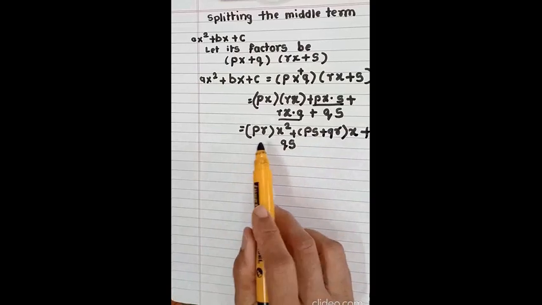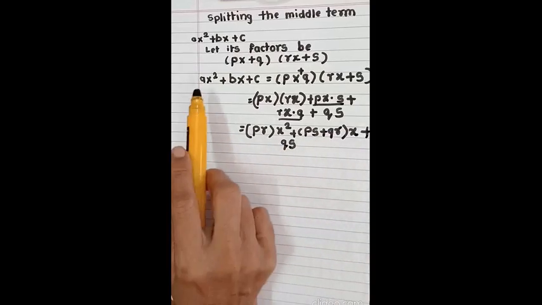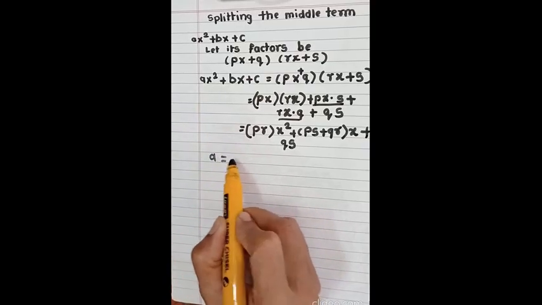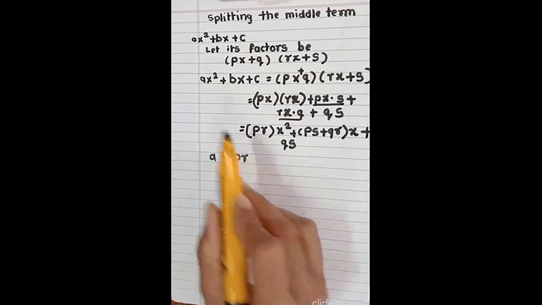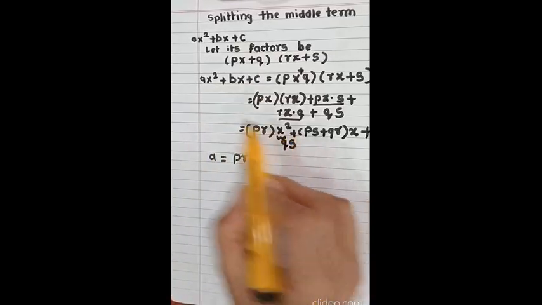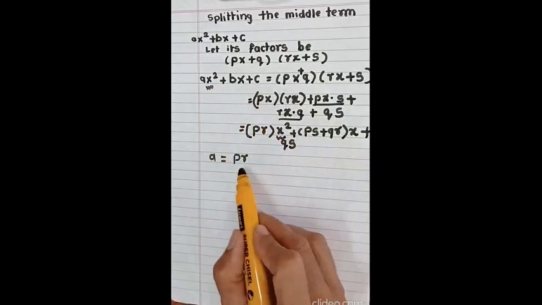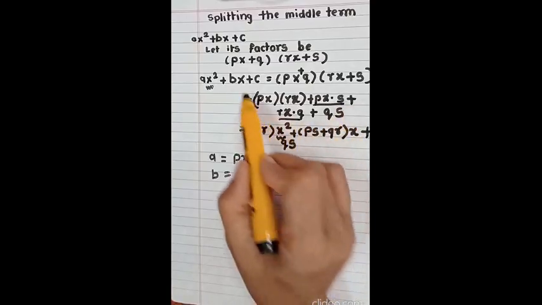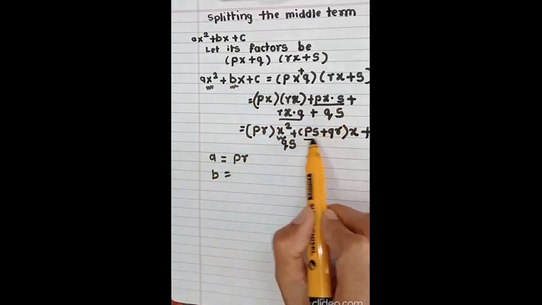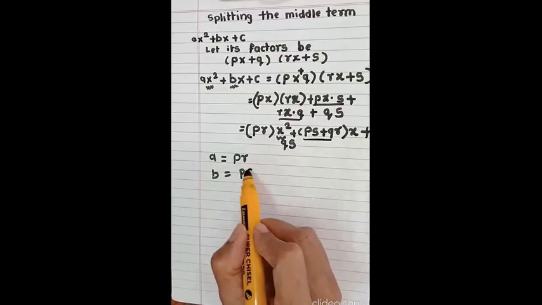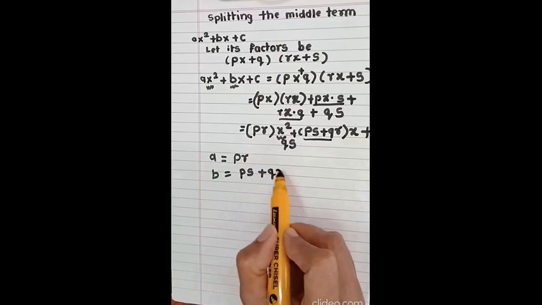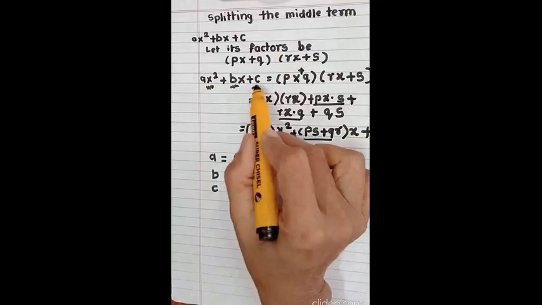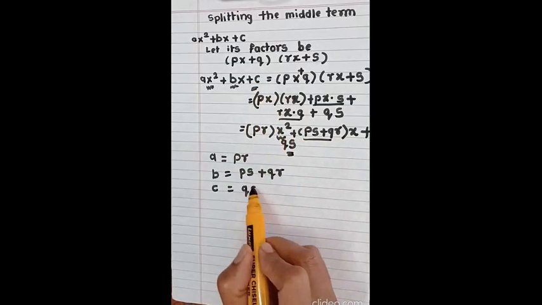So you get this equation, and comparing with this, what do you get? a equal to pr, coefficient of x square, b equal to ps plus qr, and c equal to qs.